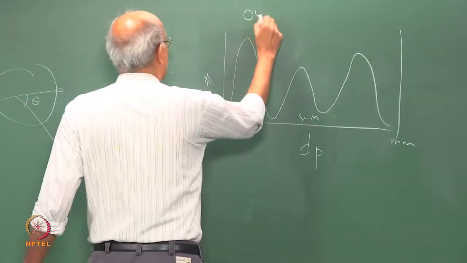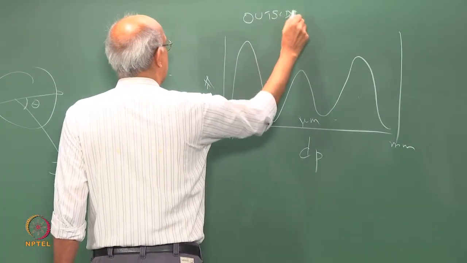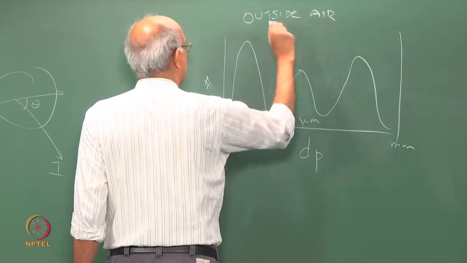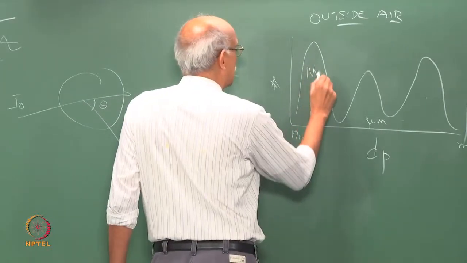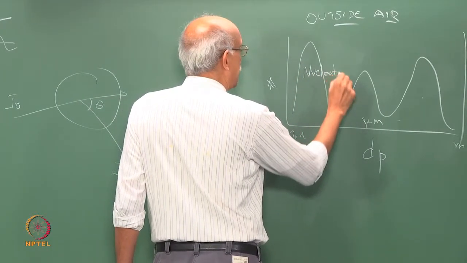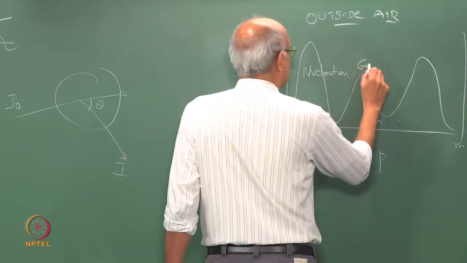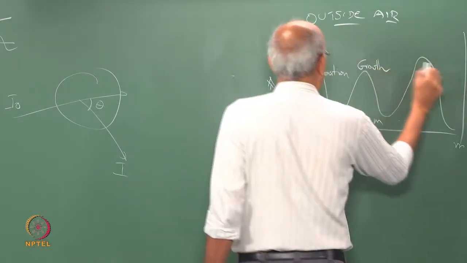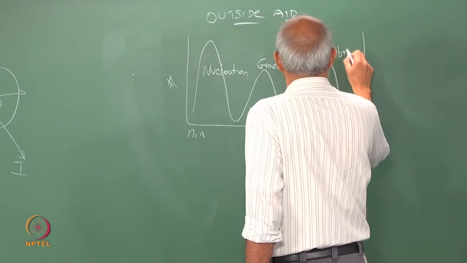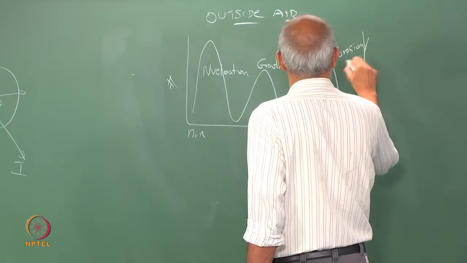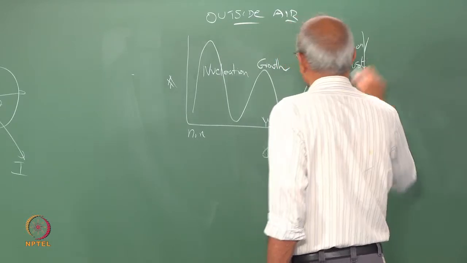This is for outside air. And the phenomena that contribute to this distribution is in the finest size range, it is nucleation, in the next size it is growth, and in the largest size this could be things like abrasion, dust, particulate emissions and so on.